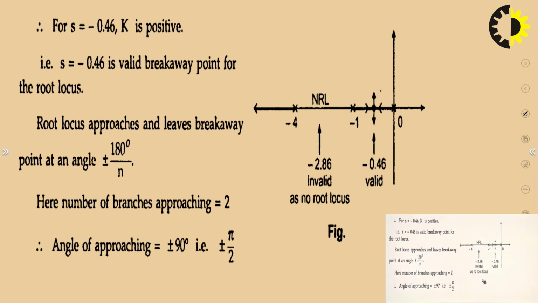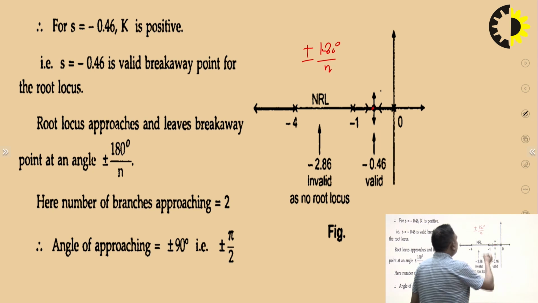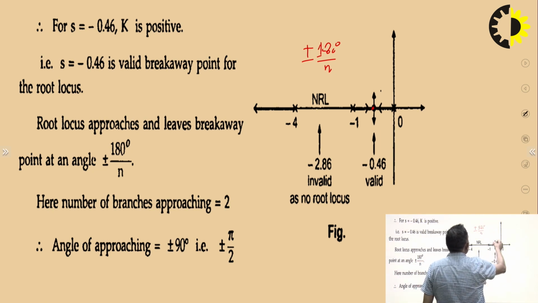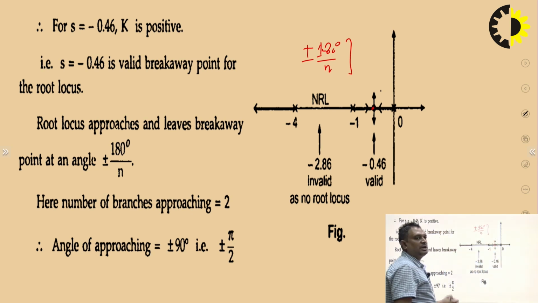So you can see here, this is the root locus we have drawn. Another important thing is that at the breakaway point the angle is plus minus 180 degrees by n, where n is the number of branches. When two branches approach each other and there is a breakaway point, they will separate at plus minus 180 by n, so at plus minus 90 degrees.